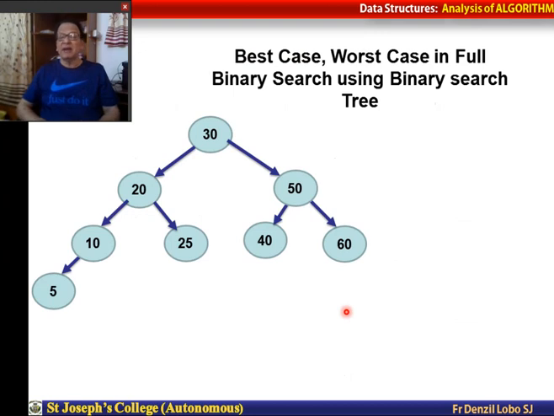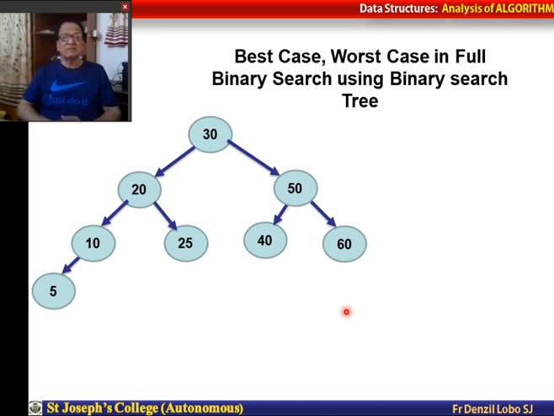Best case and worst case in searching for a number in a full binary search tree. So let us consider this. Now suppose we have arranged these numbers in ascending order in a binary search tree. It's a complete tree. It has 5, 10, 20, 25, 30, 40, 50, 60.